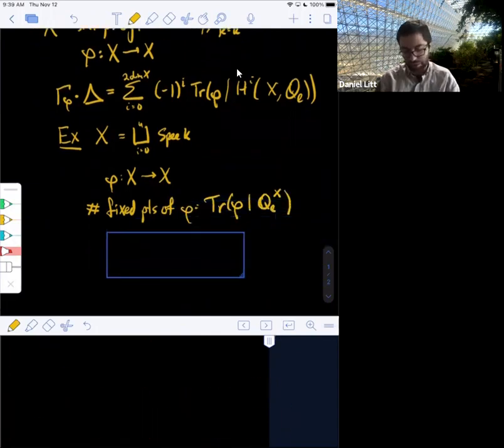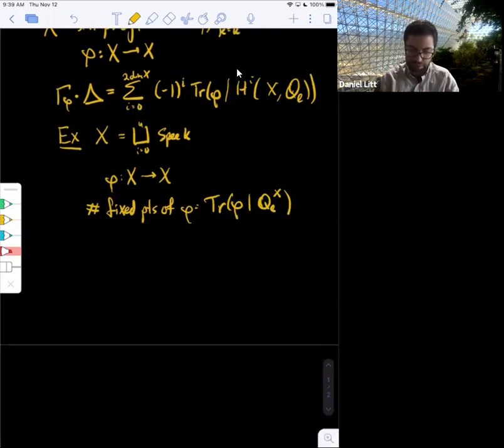Okay, and this is almost trivial. This matrix phi acting on this finite set is just a permutation matrix. So the fixed points correspond exactly to where there are ones on the diagonal, and so that's the proof.